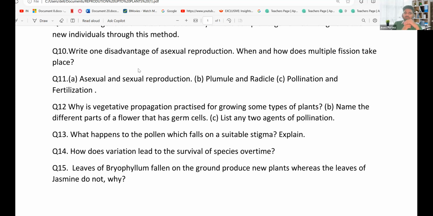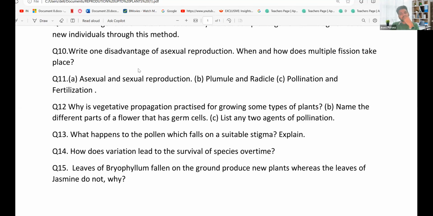Here is question number 14. Who in the class can explain better? How does variation lead to survival advantage over a species or population? I was just explaining it with the example, you need to explain. Yes, Ammar.